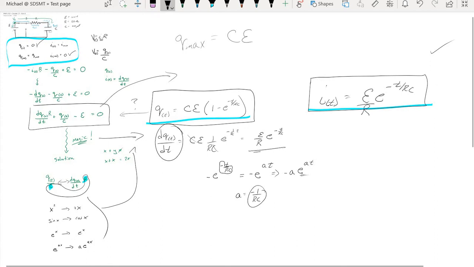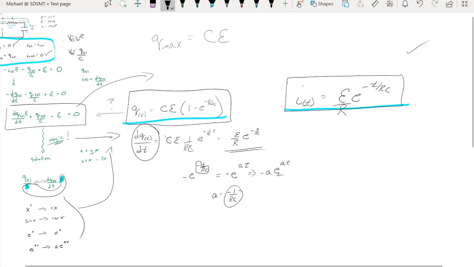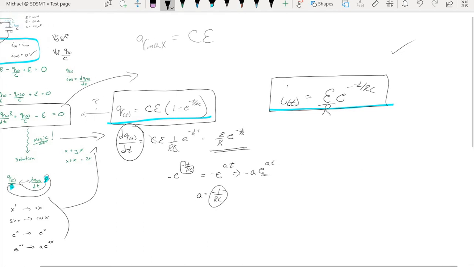So, sorry about that. If we let time go to 0, we have e to the 0, which is 1, and so all that's left is that our maximum current at time t equals 0 is equal to E over R.